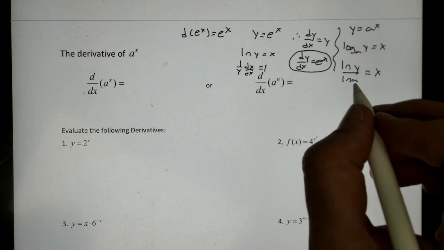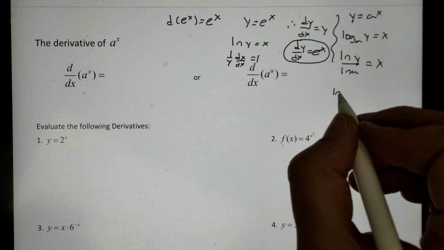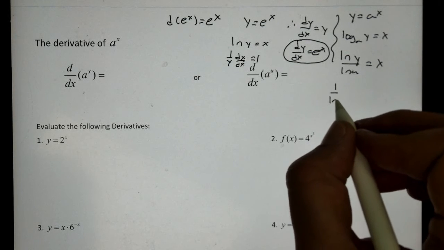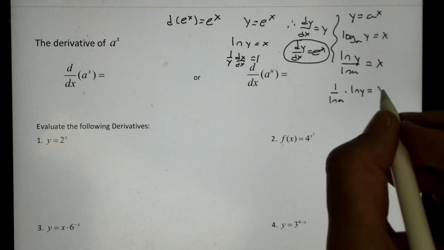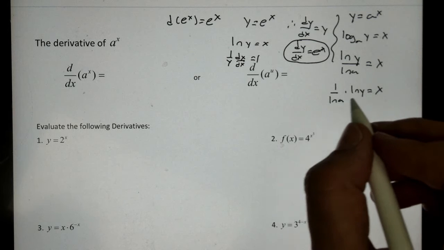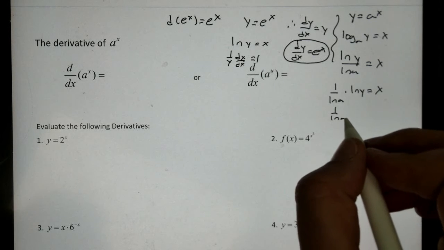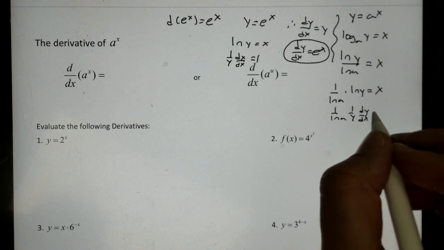Be careful, natural log of a is just a coefficient. So this is like saying 1 over natural log of a times the natural log of y equals x. Taking the derivative, we're going to get 1 over natural log of a, 1 over y, dy dx equals 1.